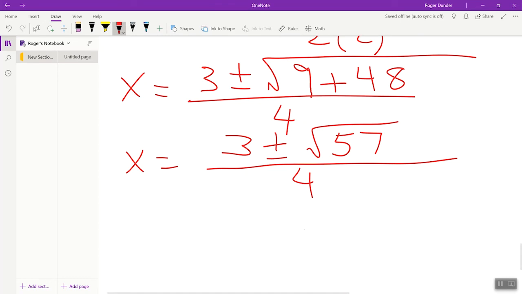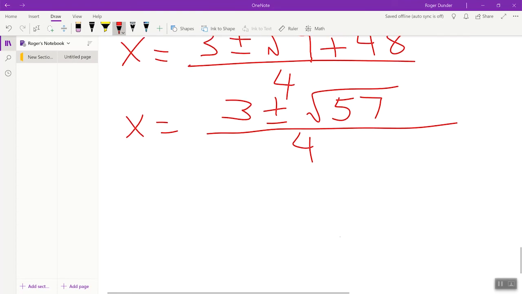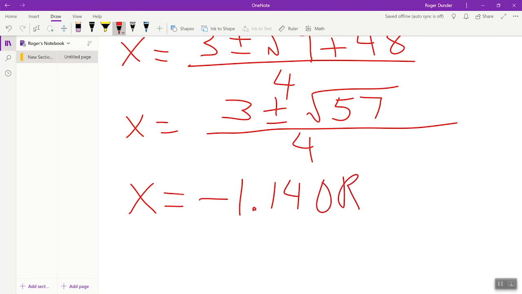So let me just calculate the decimal equivalents, see what I get, and we'll write those down. So this turns out to be x is equal to negative 1.14, or x equals 2.64.